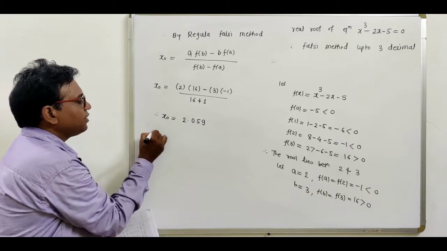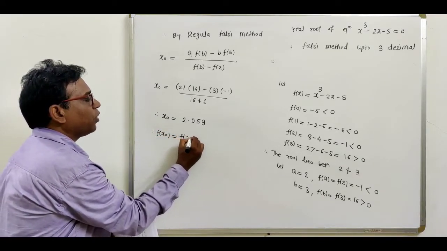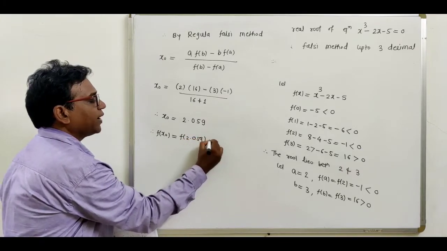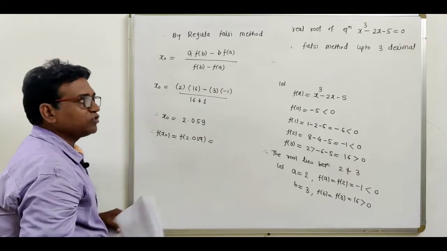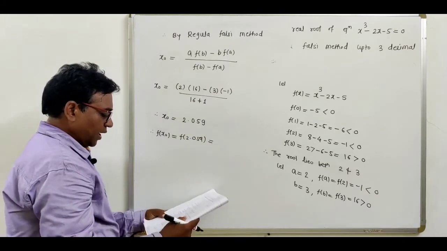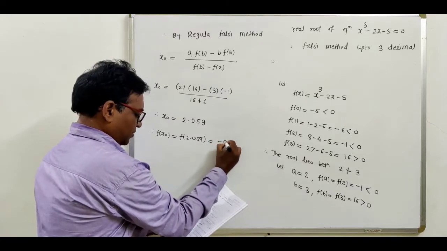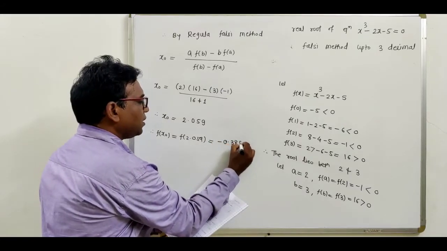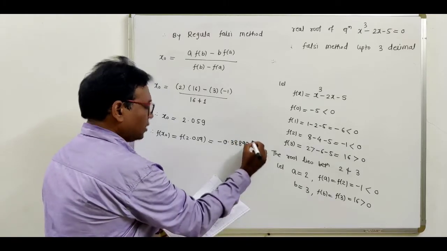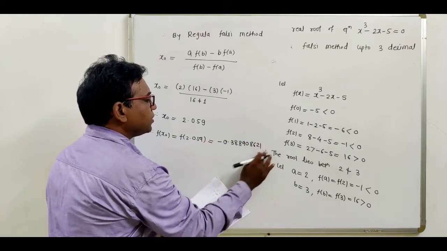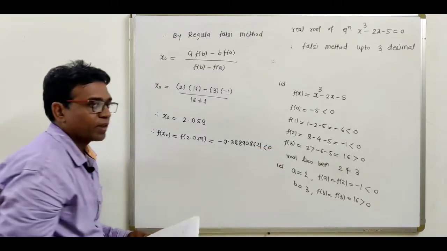Now find out the functional value of f of x0. F of x0 means f of 2.059. So put x equal to 2.059 in the given function. So what is this value? F of x0, we have found this as minus 0.388908621, that is the negative functional value.